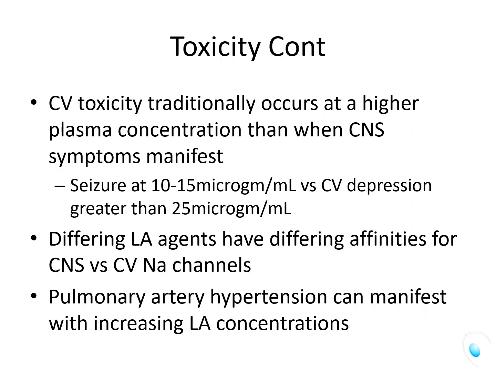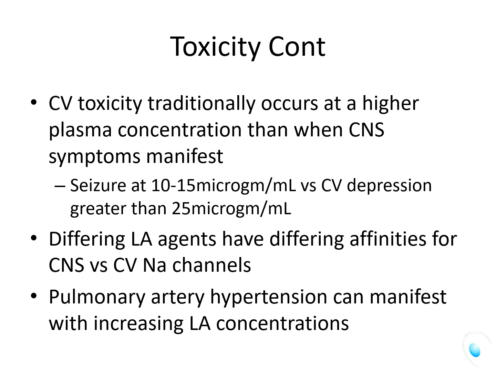The previous slide confirms that cardiovascular toxicity traditionally occurs at higher plasma concentrations than when the CNS symptoms manifest. For instance, a seizure typically occurs at 10 to 15 micrograms per milliliter versus cardiovascular depression, which occurs at greater than 25 micrograms per milliliter.